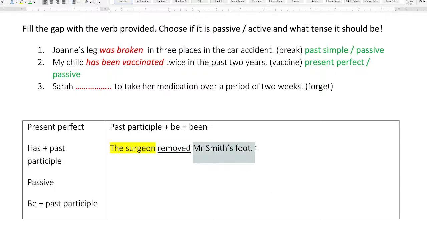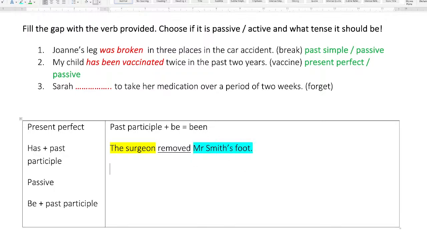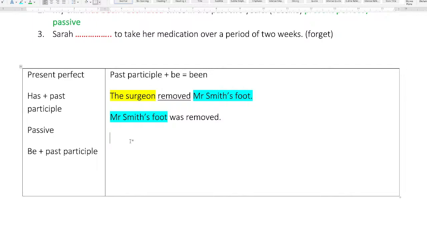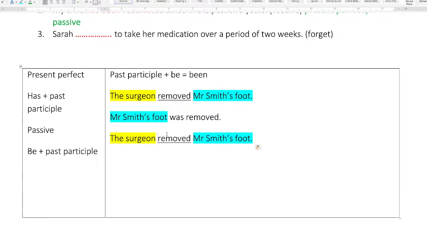And Mr. Smith's foot is the object. Okay, so if I turn this to the passive, I have to put Mr. Smith's foot. Okay, if it's in the past simple, Mr. Smith's foot was removed. If I put it into the present perfect simple, okay, that's going to be like that.